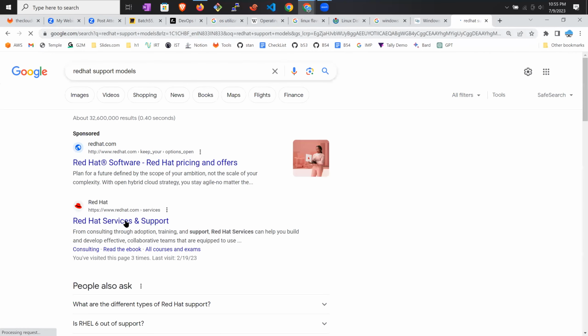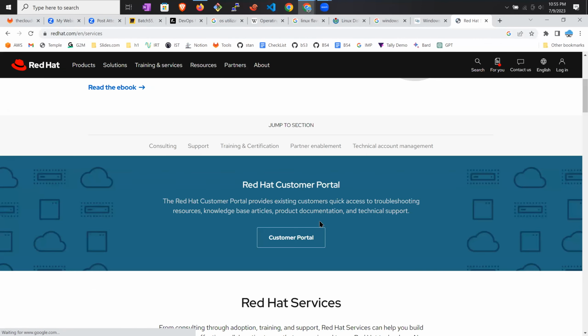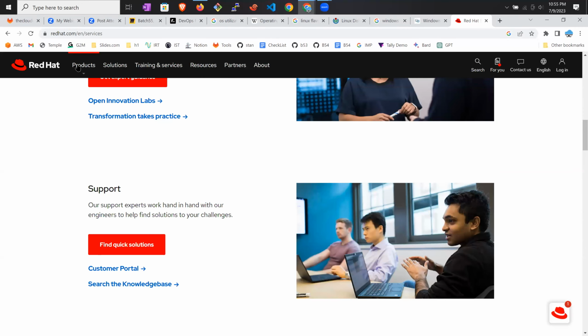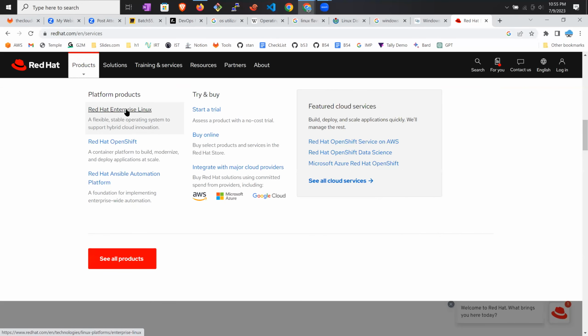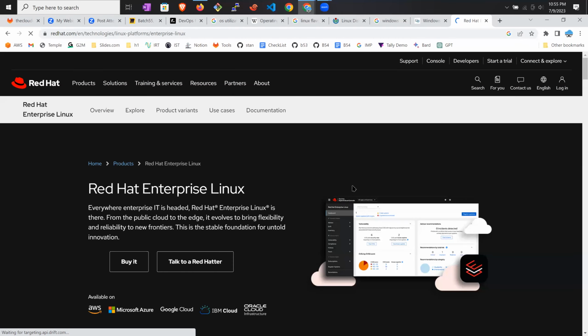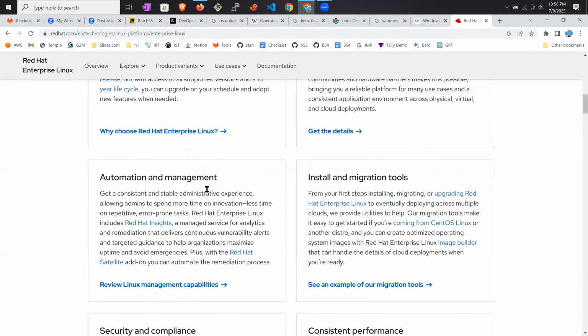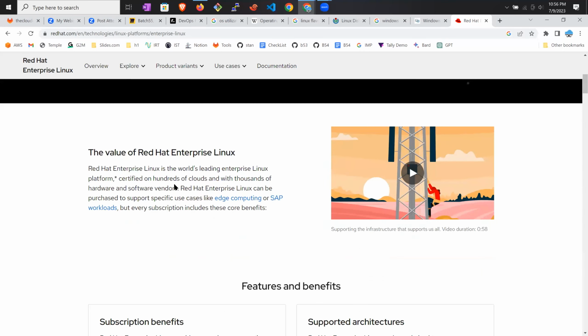Let's type this. Let me show you Red Hat services and support. Products, Red Hat Enterprise Linux. Click on it. And I'm gonna show you some licensing model.